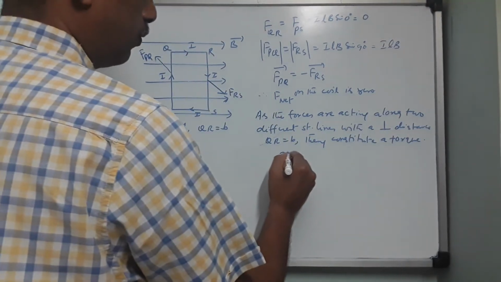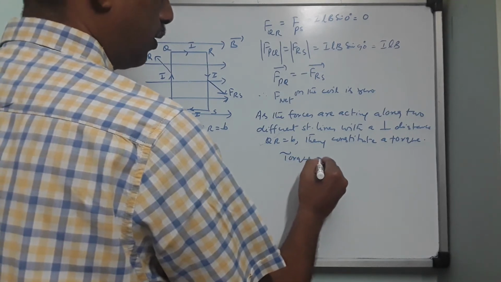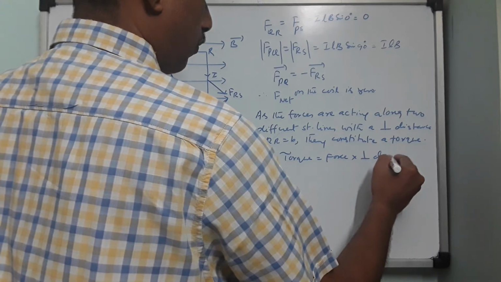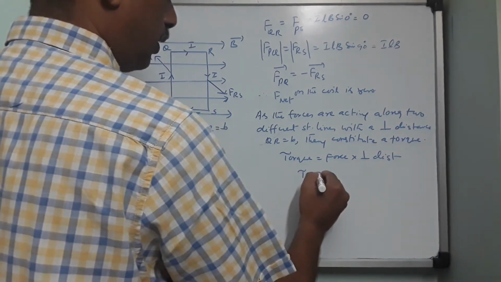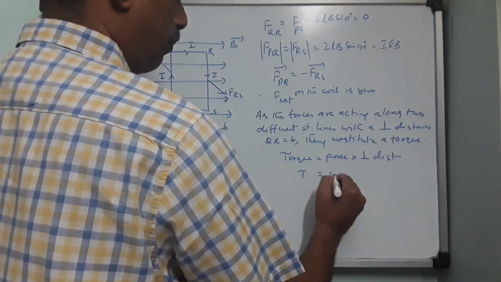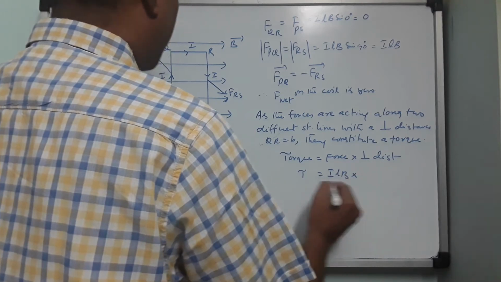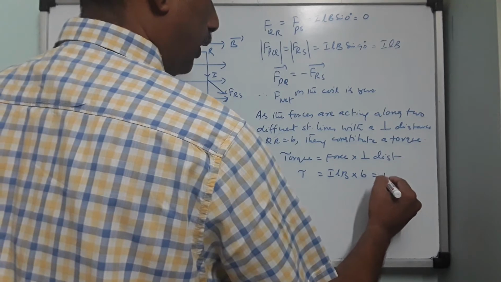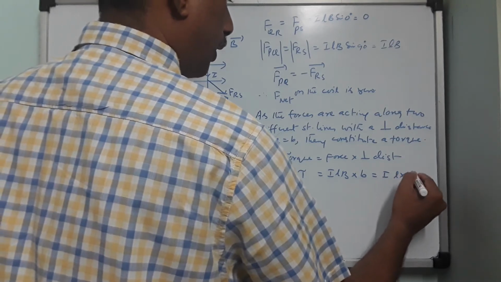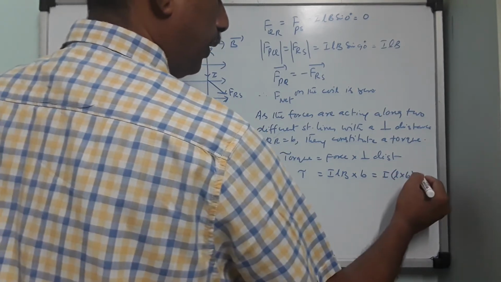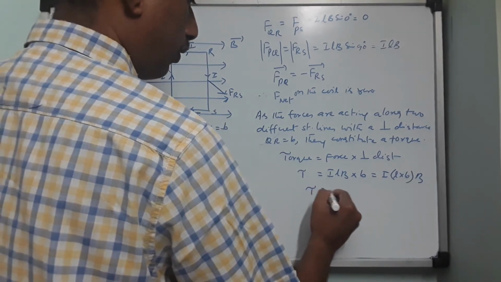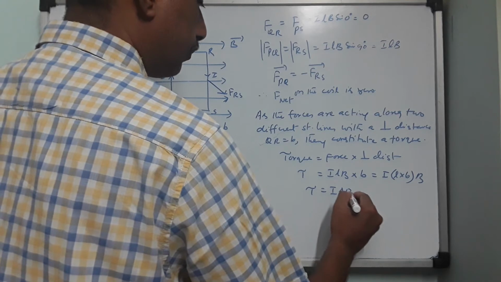So torque equals force into perpendicular distance. Tau equals force, which is I L B, into perpendicular distance, which is nothing but QR, that is B. So this is I into L into B together I am writing, and B is here. Length into breadth of a rectangle is nothing but area. So tau equals I A B.